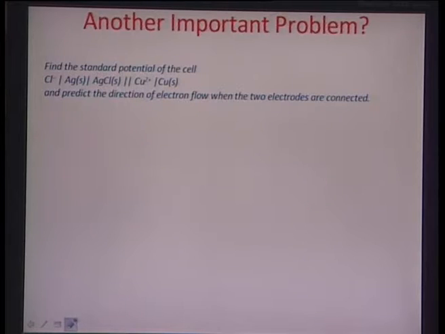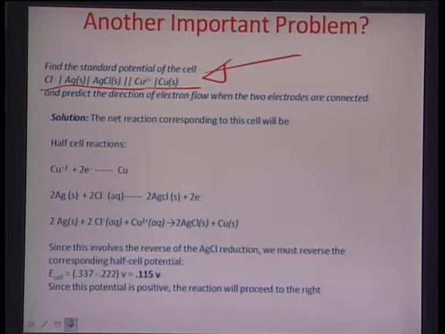There are a few more illustrations here. This is a very interesting problem. For the case of the silver chloride electrode, we can couple it and form a redox couple with a cuprous copper combination, and in this case the standard potential of the cell can be calculated by considering the reactions.